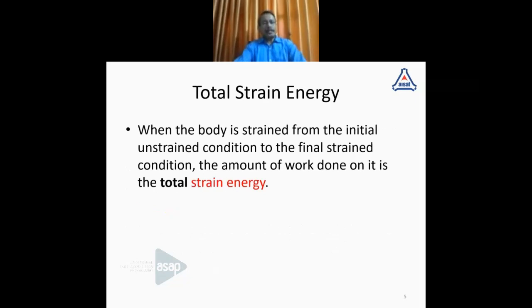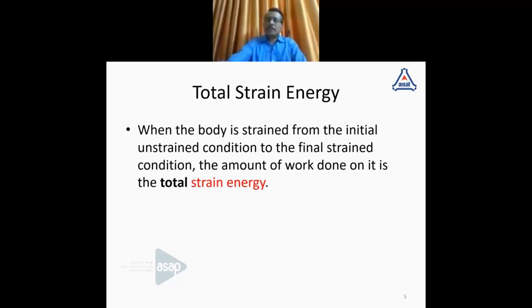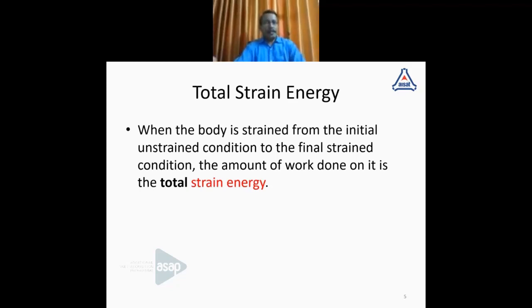So when the body deforms up to a certain limit, it is deformed elastically. That means the deformation is recoverable or temporary. And after that limit, the deformation is permanent. It cannot be recovered. The deformation is done to the body on a permanent basis. That deformation is called plastic deformation. And the total strain energy consists of both these.